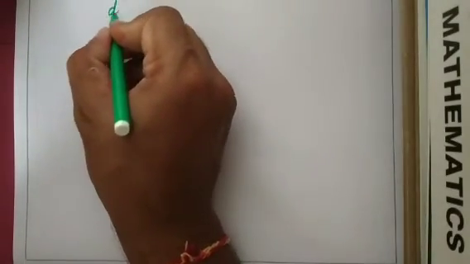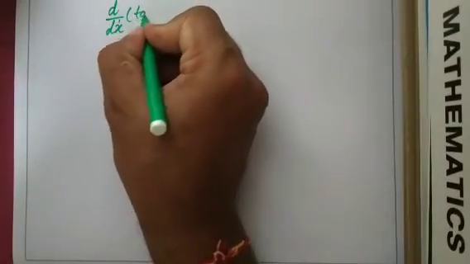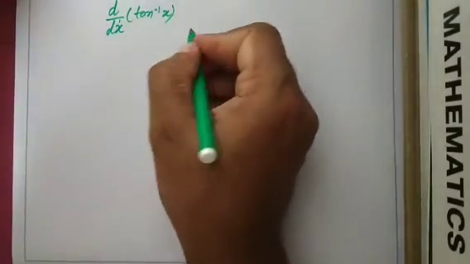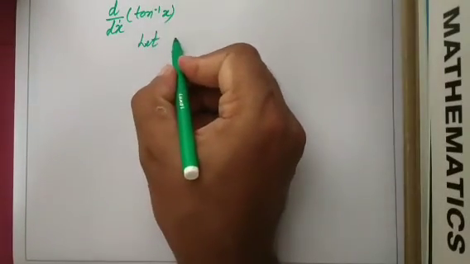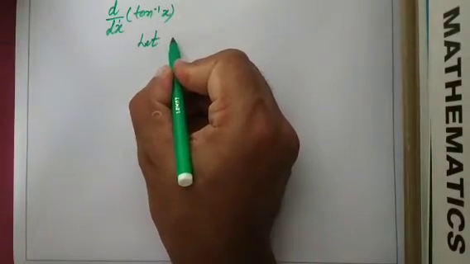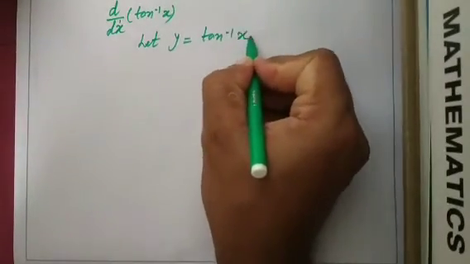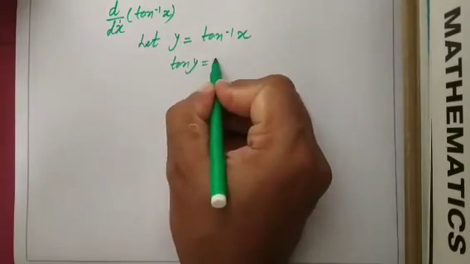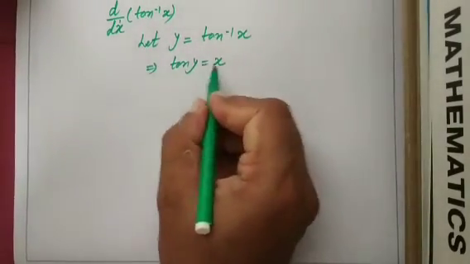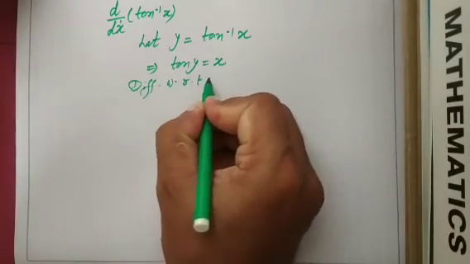Now let's see the derivative of tan inverse x. How to find it? In the same process as we did for sin inverse x. Let y equal tan inverse x. We can write tan y equals x, and differentiate both sides with respect to x.